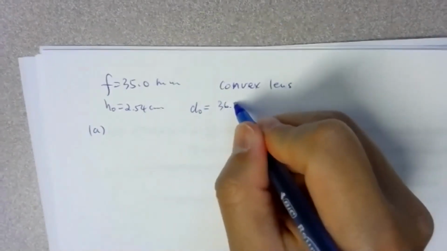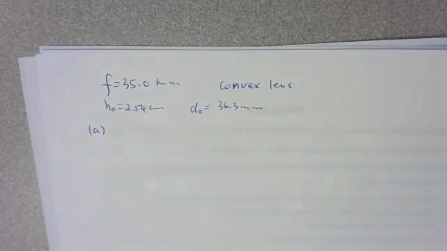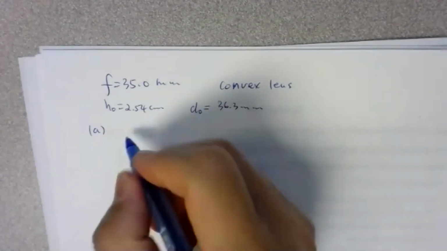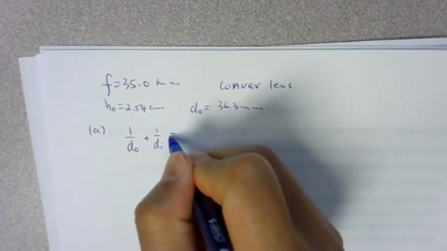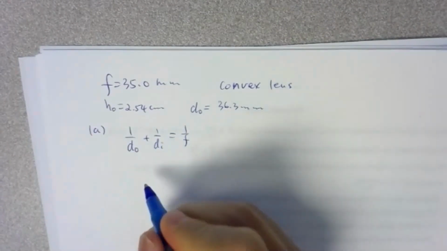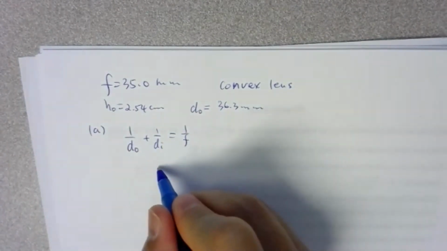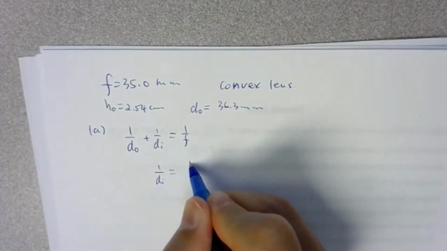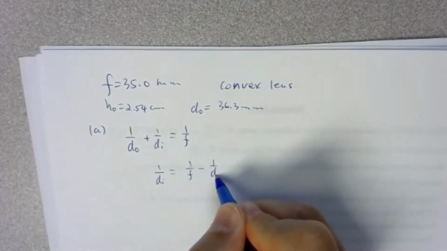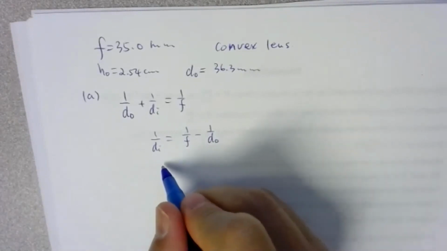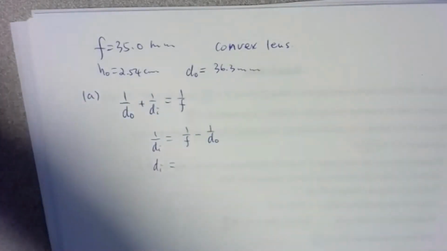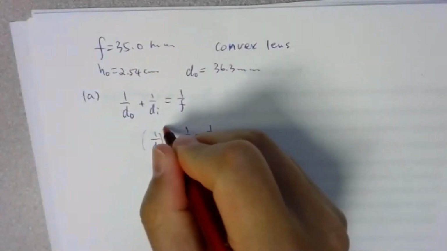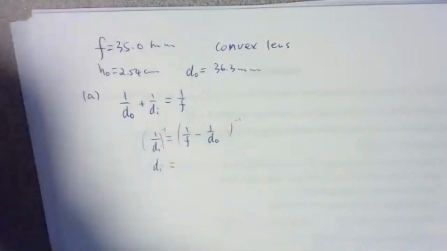And then it tells us the DO is 36.3 millimeters. Okay, so you're looking for DI, you can use the lens equation: 1 over DO plus 1 over DI equals 1 over F. Looking for DI, so 1 over DI equals 1 over F minus 1 over DO. Then DI is equal to, you take the inverse of the left hand side to get DI, and the inverse of the right hand side as well.